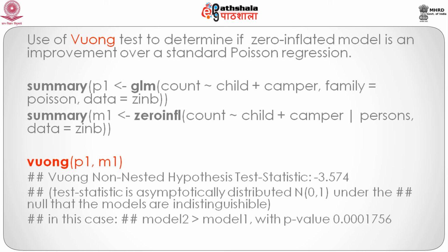We see here that the value of the test statistic is minus 3.574, and the p-value is 0.0001, which suggests that there has indeed been a benefit due to using the zero inflated model to model the data.